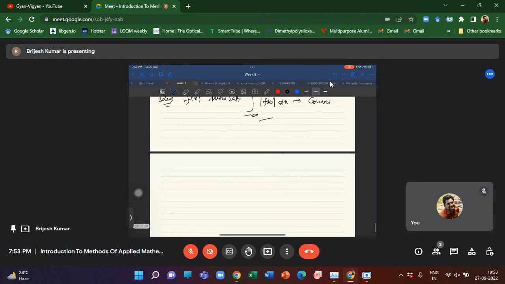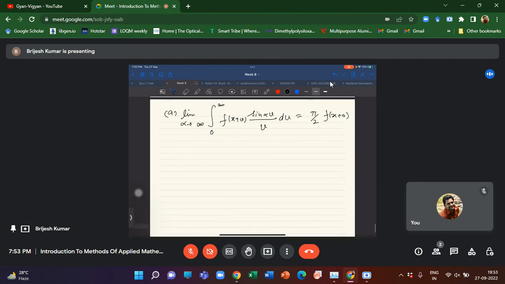Then we have to prove that the limit as alpha tends to infinity of the integration from 0 to infinity of f(x plus v) sin alpha v over v dv will be pi by 2 f(x plus 0). Okay, first we will solve that.